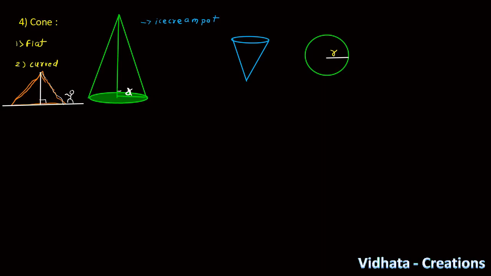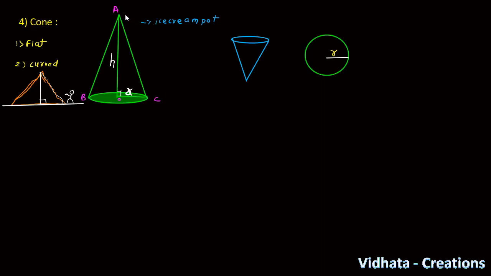Likewise, in the cone, suppose this is the top point A of the cone, this is B and this is C, and let's call this point O. Then the actual height of the cone is A to O. AC is also called the height, but it is not the actual height of the cone.